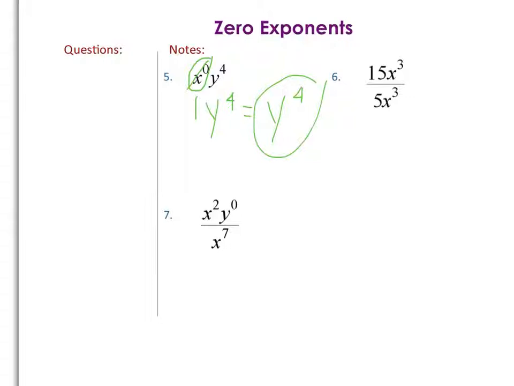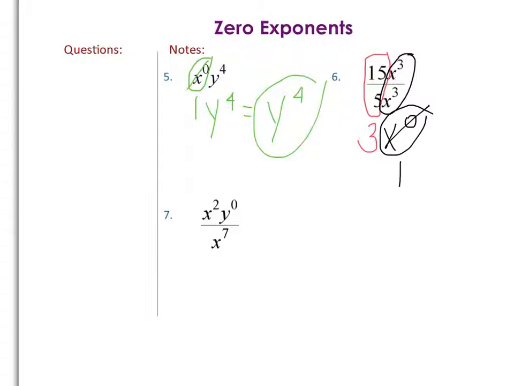Over here, my numbers and my coefficients are separate from my variables. 15 divided by 5 gives me 3. X to the 3rd divided by x to the 3rd gives me x to the 0. But we said anything raised to the 0 equals 1.